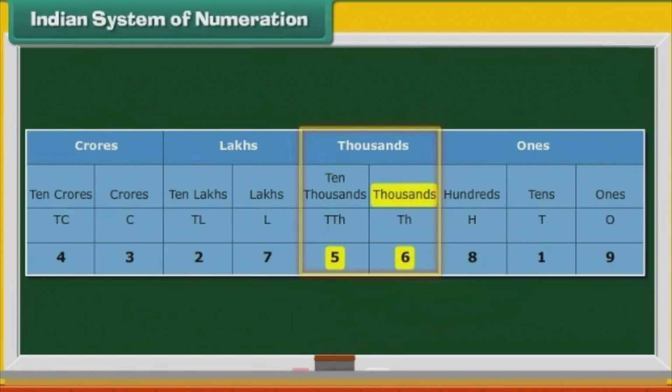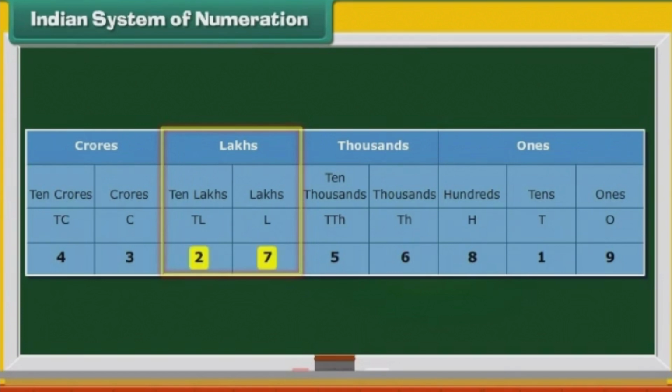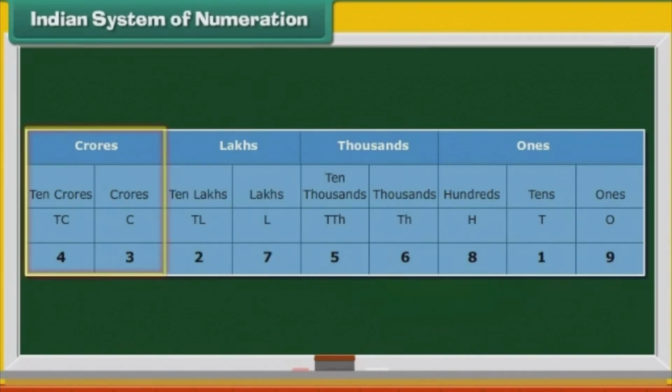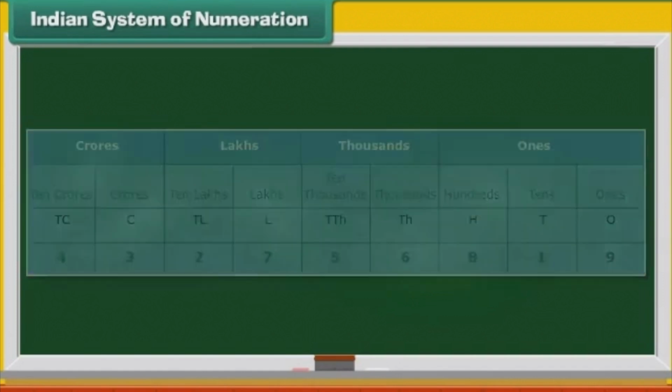Their places are thousands and 10,000s. The lakhs group has the two digits, 7 and 2. Their places are lakhs and 10 lakhs. The last group of crores also has two digits, 3 and 4. Their places are crores and 10 crores.